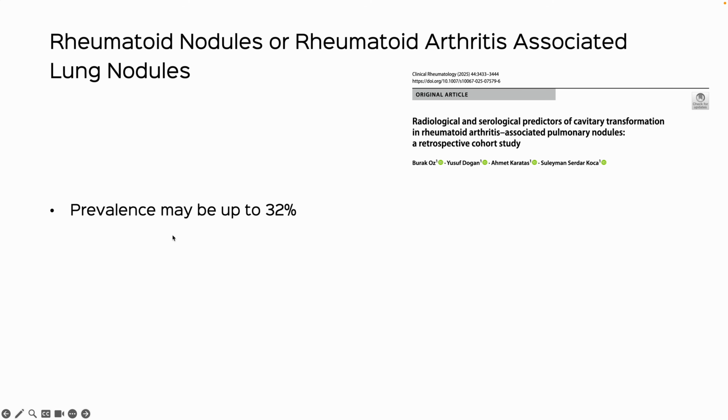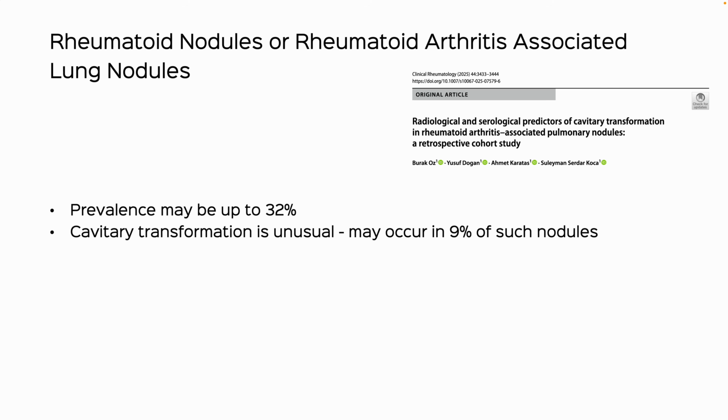They say that prevalence of lung nodules in patients with RA may be up to 32%, though they've quoted another paper for this. In their series, cavitary transformation, though unusual, is seen in about 9% of such nodules.